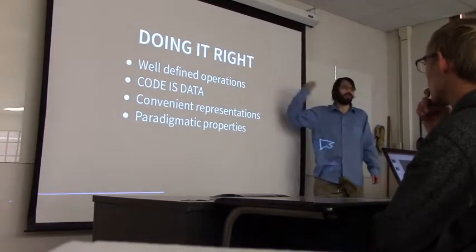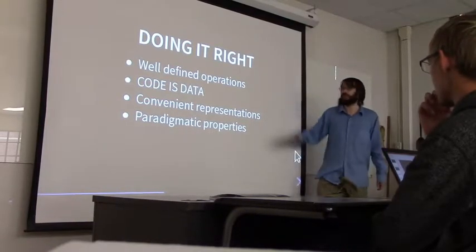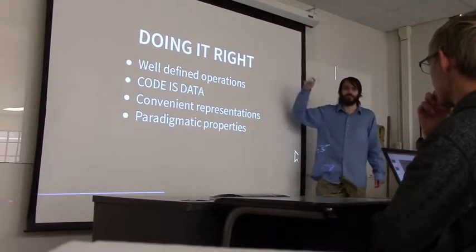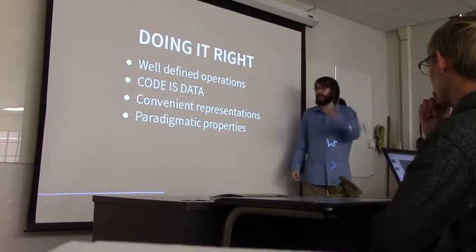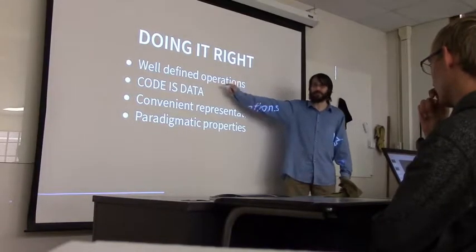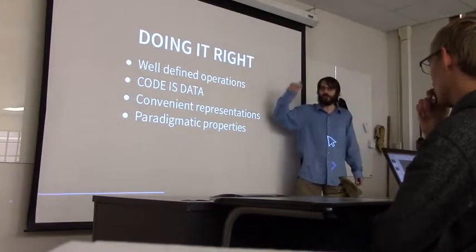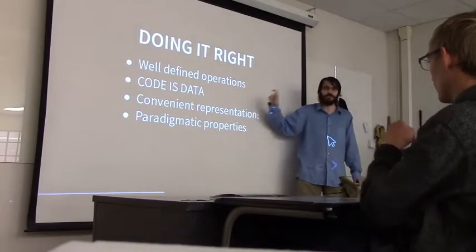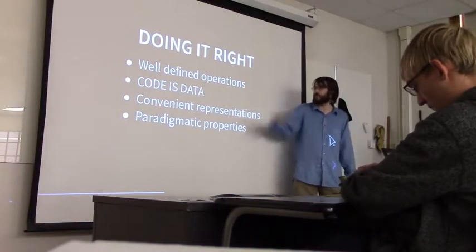All right, so doing it right. Well-defined operations. Things that don't have weird, unpredictable effects, that do good abstractions. Operations that do exactly what they're supposed to do. Magic A is magic A. And code is data. Remember this from von Neumann computers and the basis of all of the computers. Code is data, so it should be conveniently manipulatable as data when you're doing your multi-stage operations.